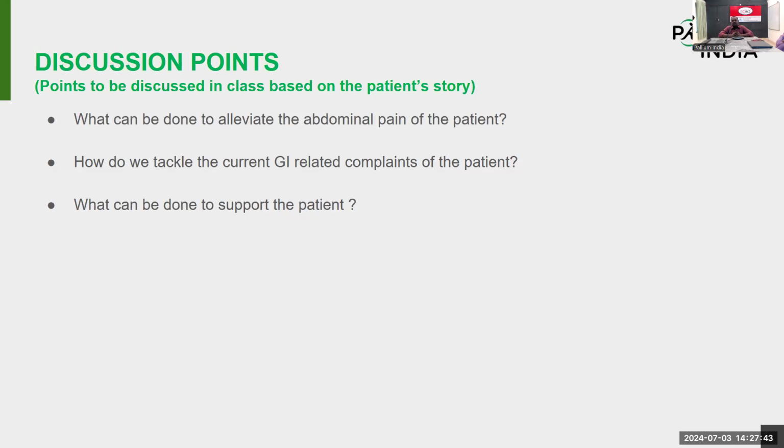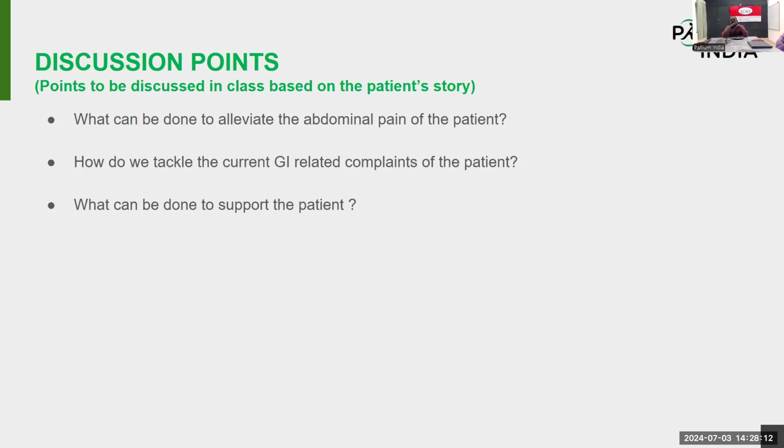First of all, you do a rectal examination, and if it is a roomy or ballooned rectum, that means when you do PR, you feel a lot of space around it, it is an indication that there is some obstruction in the upper intestine or somewhere else in the intestine.